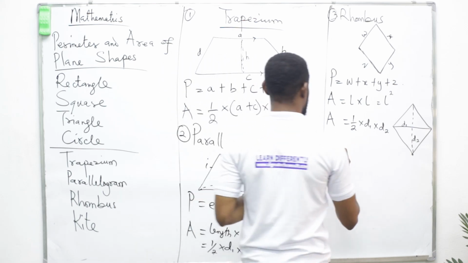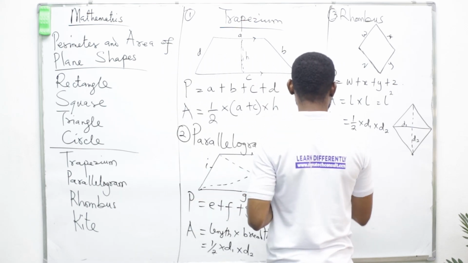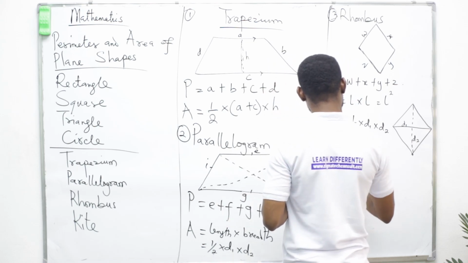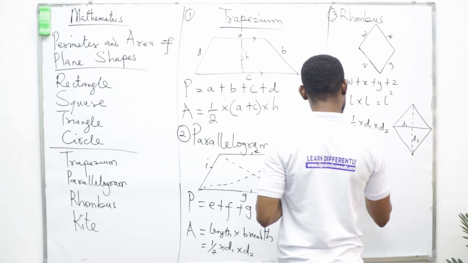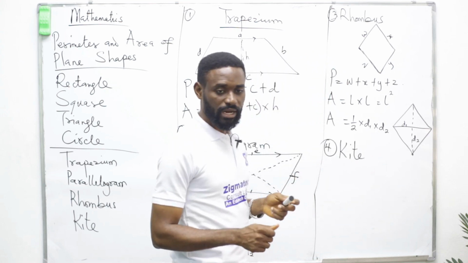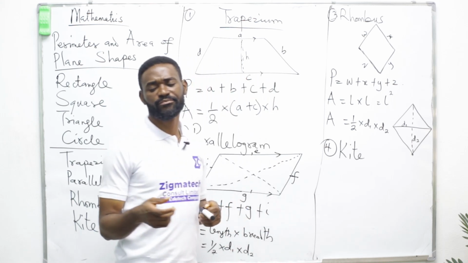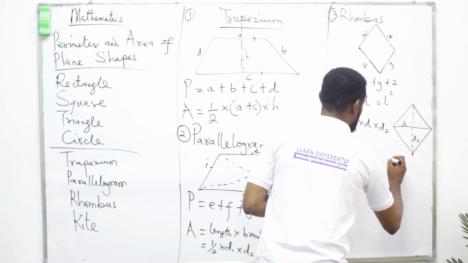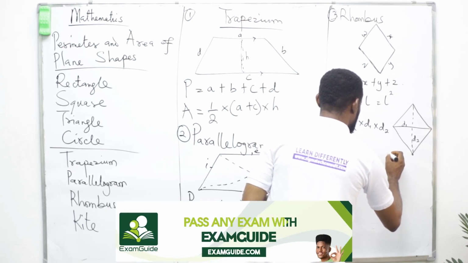All right, then the fourth one is kite. This is the last one we'll look at, kite. All right, we have other, okay, kite, let's go to kite. This is the shape of the kite.